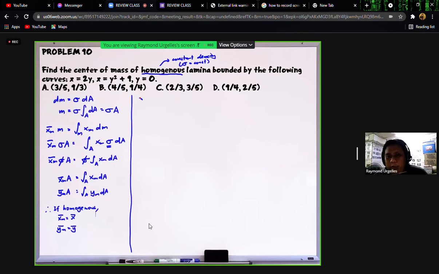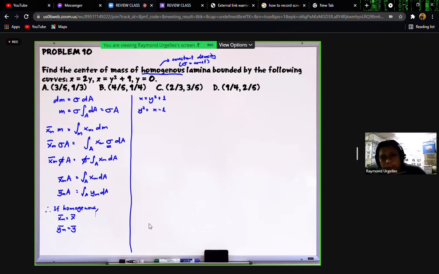Okay, so let's graph first. Let's start with the parabola. We have x is equal to y squared plus 1. So we can write this as y squared is equal to x minus 1.